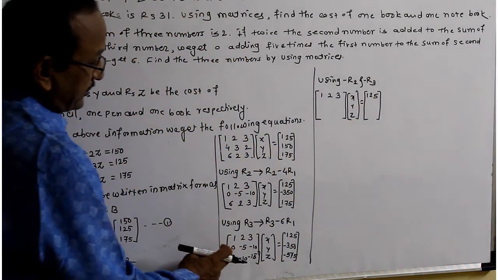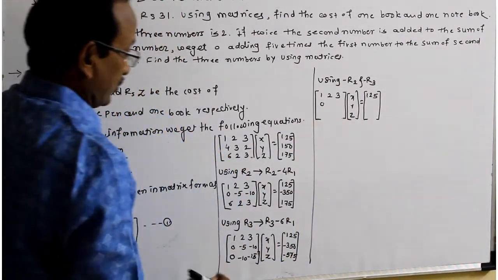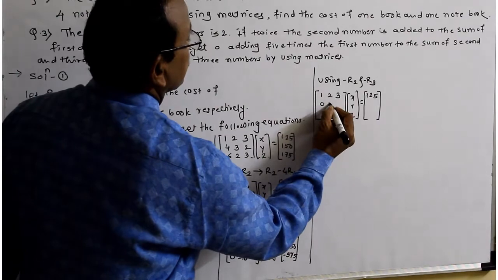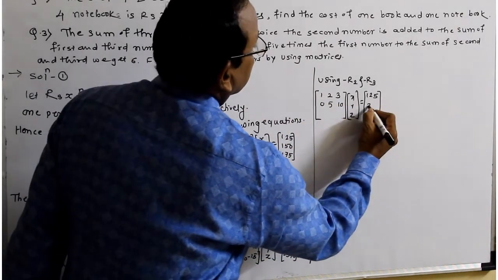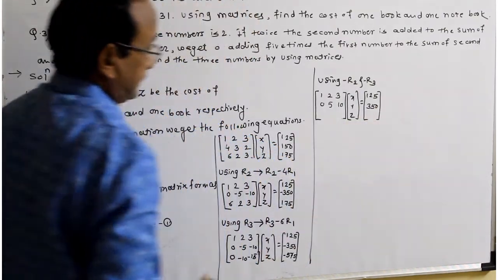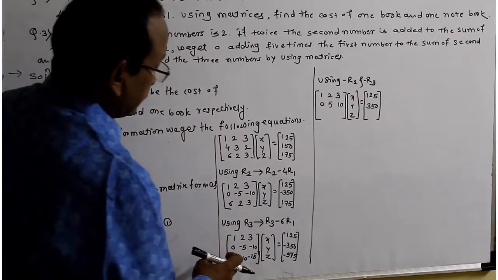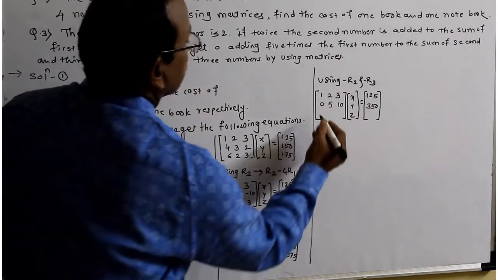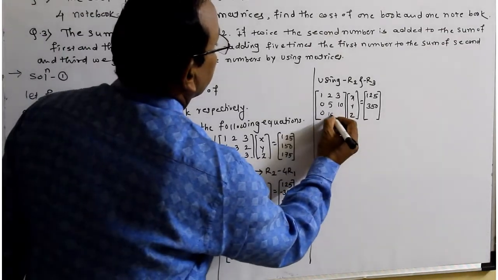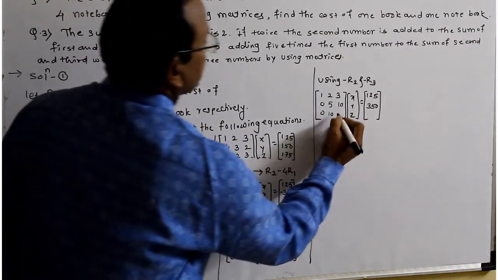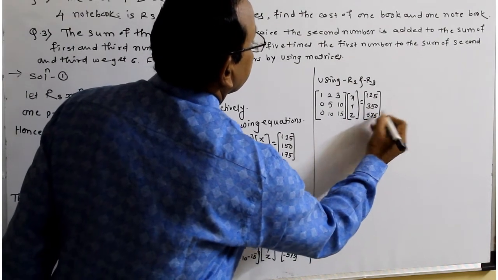Now multiply by minus 1 to each element in the second row, so it is 0, minus minus plus 5, which is plus 10, and 350. Then it is 0, minus minus plus 10, it is plus 15, then it is 575.